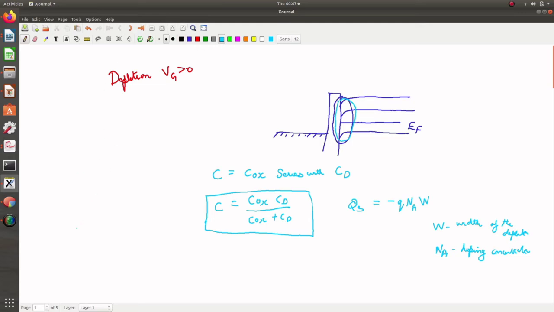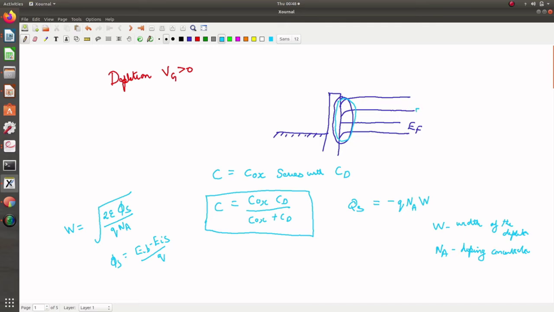And we also know the width of the depletion layer is given by W is equal to root of 2 times epsilon phi S by Q Na, where phi S is the surface potential, and it is given by EiB minus EiS by Q. What is EiB?